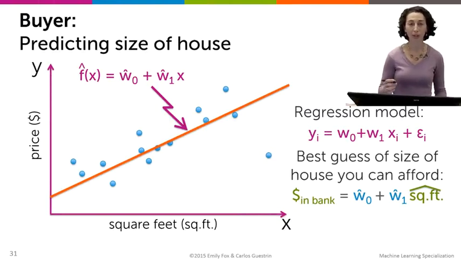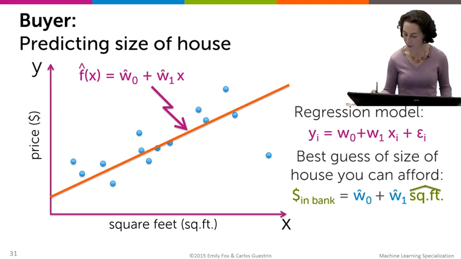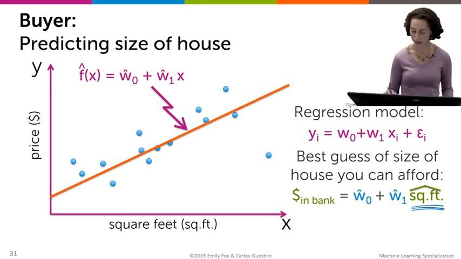Well, I can use this fitted line also if I'm a buyer, not just if I'm a seller interested in listing my house for sale. So for example, what I mean here is that I might have some amount of money that I can spend on a house, and I want to know how big of a house I can expect to purchase with that amount of money. Well, instead of estimating or predicting the value of the house, I can think of predicting the square feet.